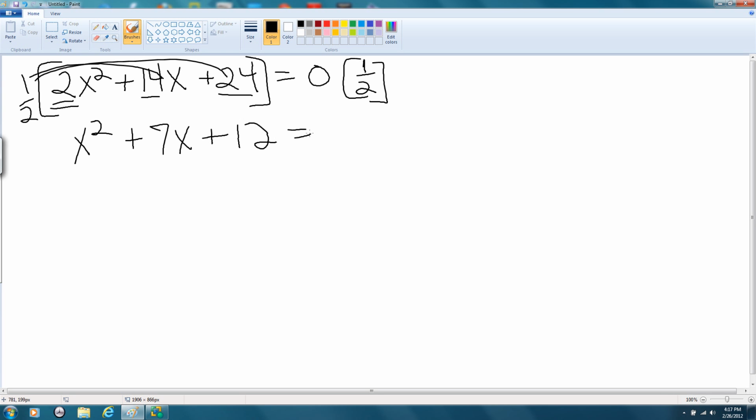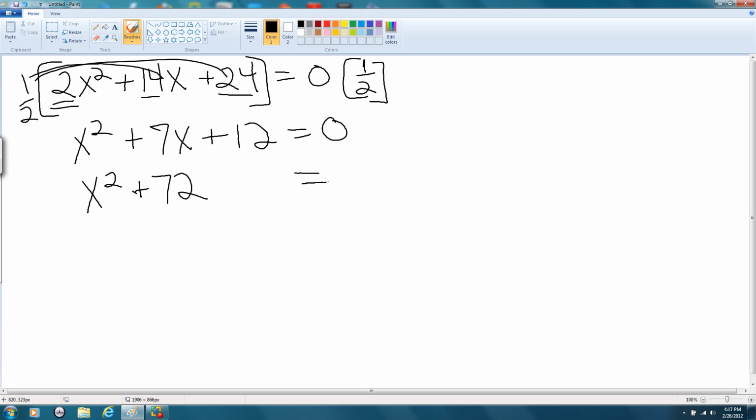And 0 times 1/2 is simply 0. Now, we want to get this into x plus something squared. That's the way we want it. So we need to make this x squared plus 7x.